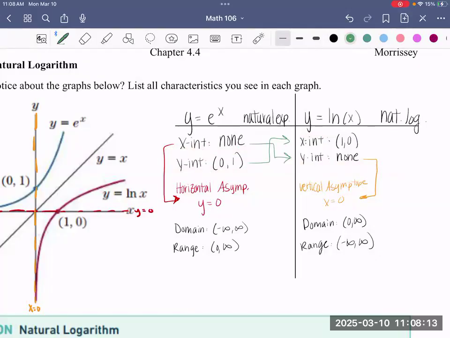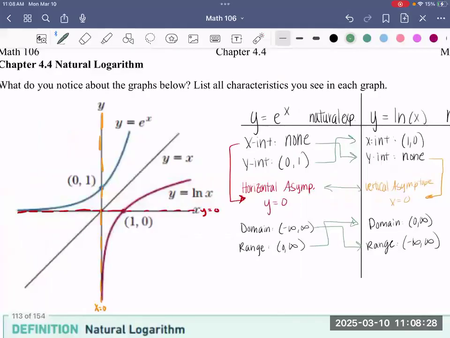Instead of a horizontal asymptote, you have a vertical asymptote. Your domain is swapped with your range and vice versa. Now you'll notice that it is completely mirrored over the line y equals x. That means all of your x and y's have now swapped. That's why that mirroring effect works.